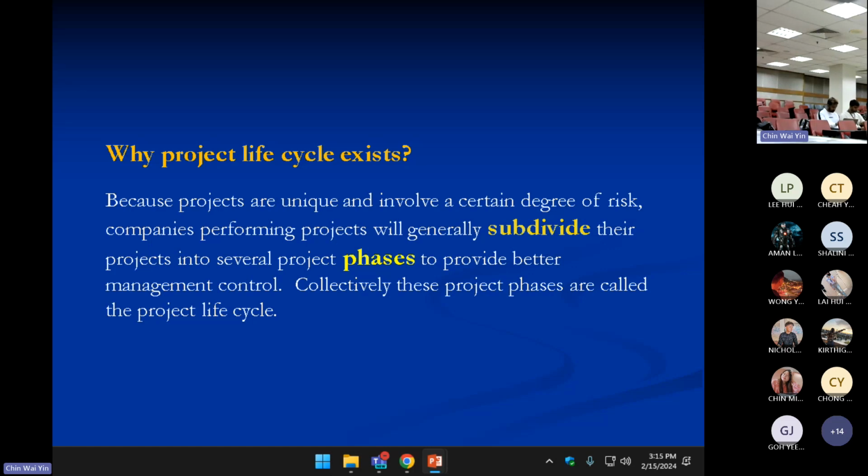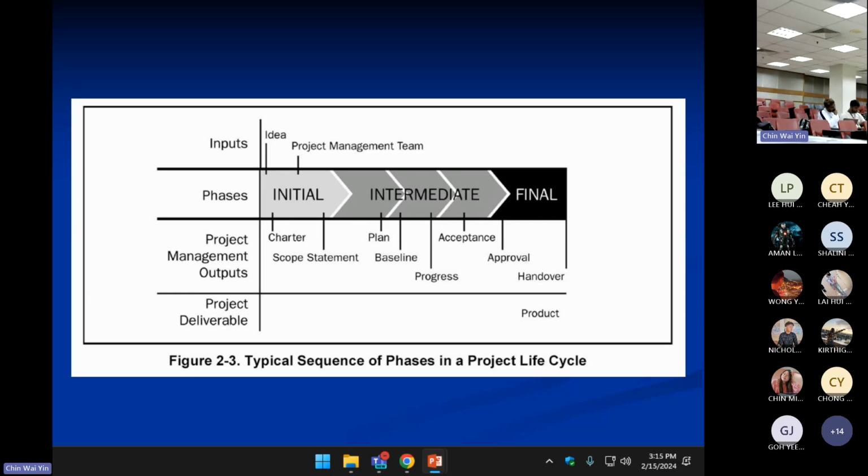Collectively, all these phases are known as the project life cycle. These are in general the phases of a project life cycle. You have your initial phases, right? Those are the starting phases: the forming of your group members, the identifying of what needs to be done, completing the charter, throwing up ideas, brainstorming, right?